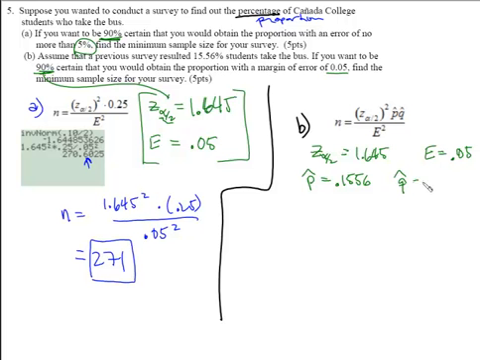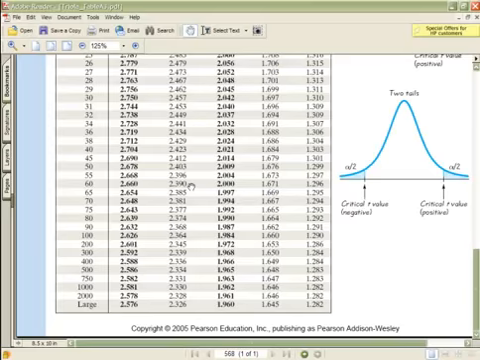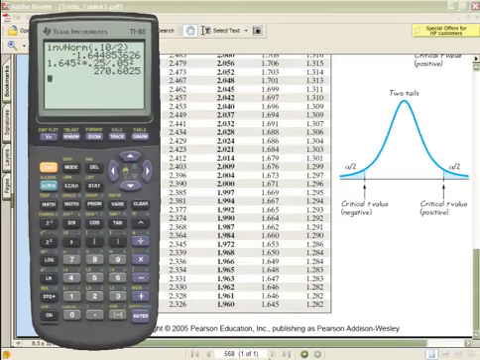And then q is 1 minus p. We better check that. It's basically 1 minus, oops, that's this minus 0.1556. Yep, that was right.